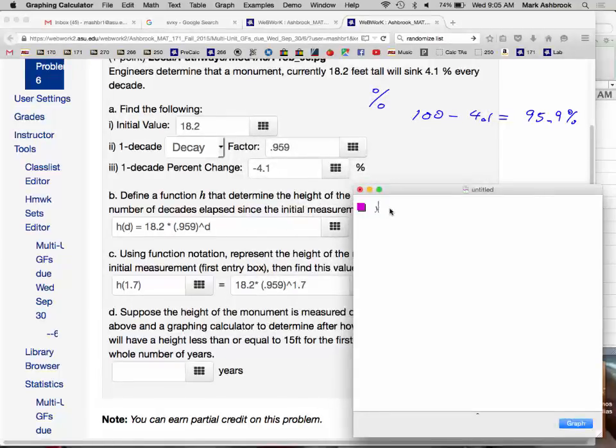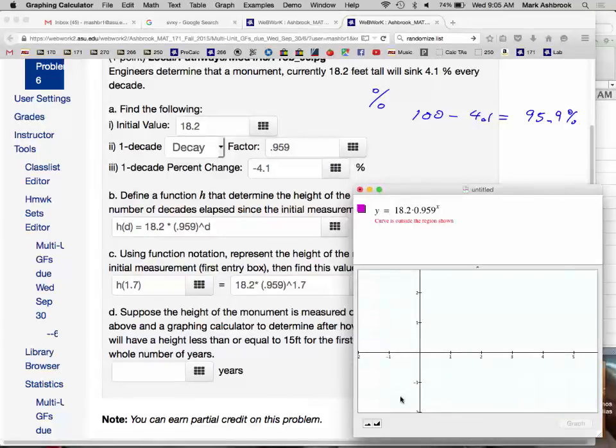So we're going to graph our function, 18.2 times 0.959 to the x, and we know that x is decades. And so here's what the graph looks like, and we just want it for x greater than 0.